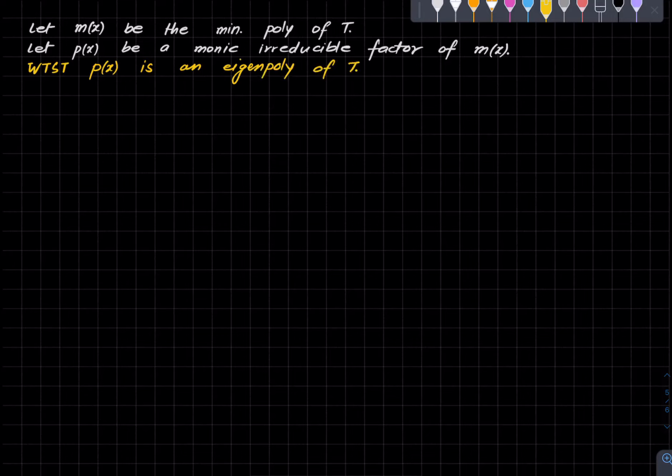Right? So suppose not. So then the kernel of p(T) is trivial, which implies p(T) is invertible. p(T) is an isomorphism.